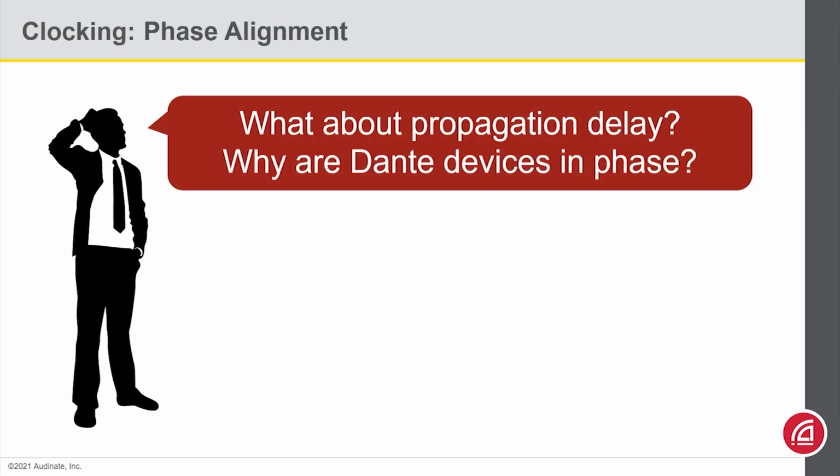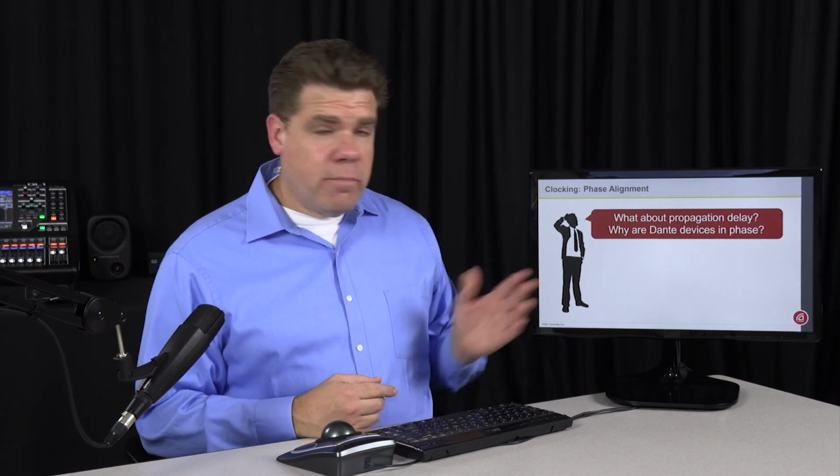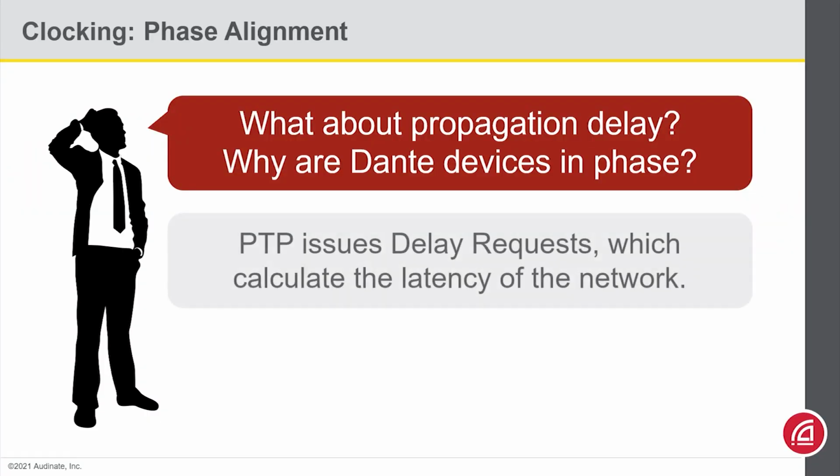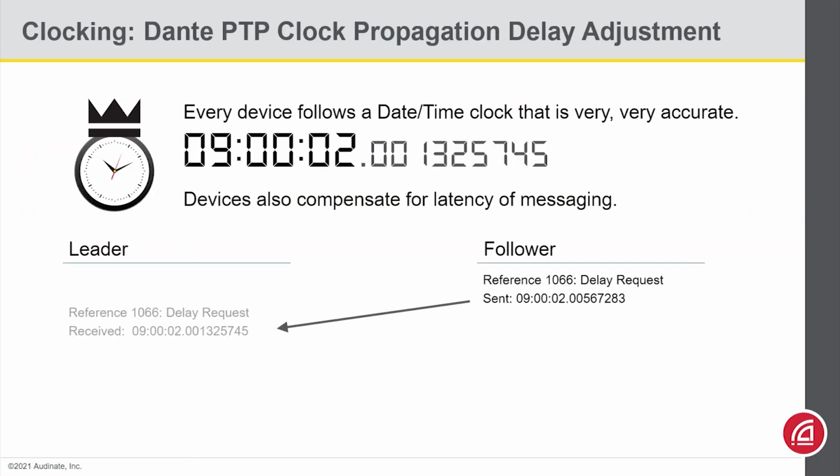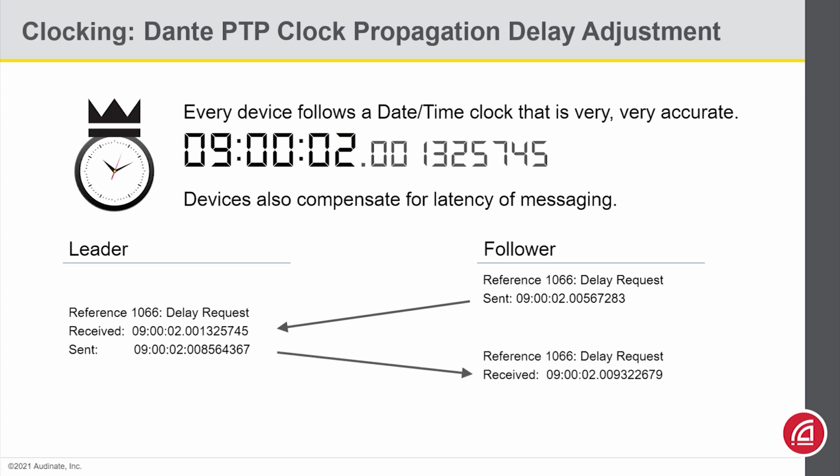Now, some of you are probably thinking, well, what happened to propagation delay? Certainly we understand that we could compare multiple timestamps to match our speed quite precisely, but it should still take time to get our packets across the network, right? To address that part of the puzzle, Precision Time Protocol issues delay requests, which calculates the latency of the network.